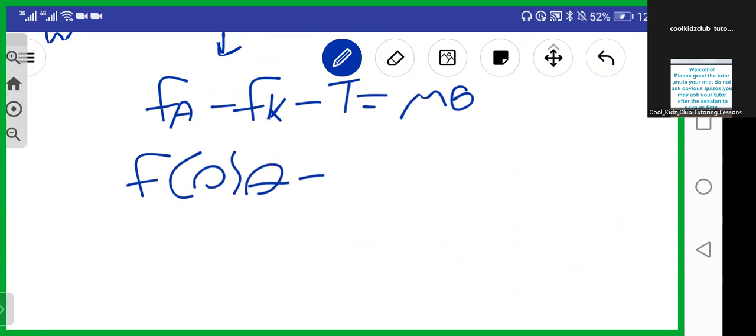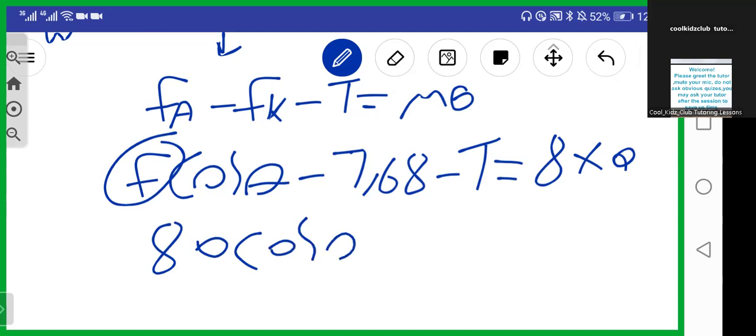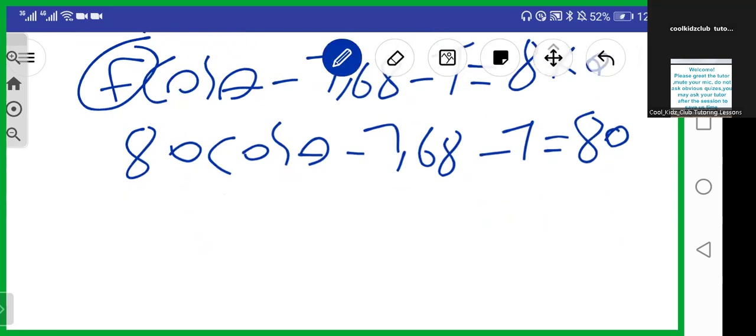That is why we are going to say the force cos theta minus the friction force. Well, the friction force for that was 7,68, I believe you remember, minus the tension, which we don't have, and that is the 8 kg block. Then the applied force was given as 80, so it's 80 cos theta minus 7,68 minus tension equal to 8A. All right, so let's go and take this number and put it in our calculators.